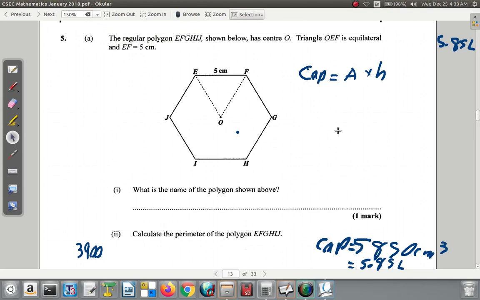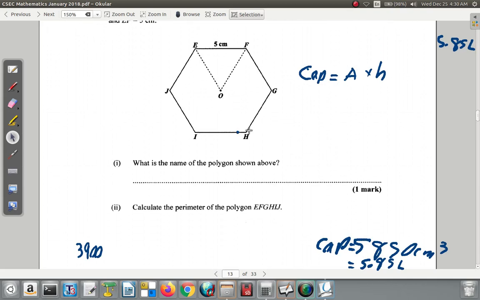It was here. Let me see if I could redo that calculation quickly. It was 60 degrees in here.